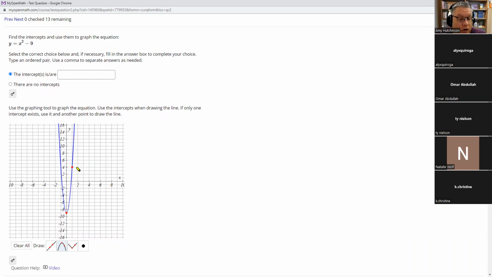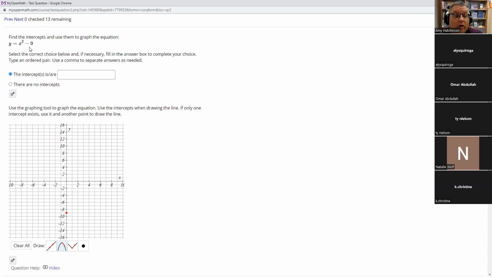Notice that when you move the cursor, it moves up and down to some different coordinates. If you were to put a 0 in for that one and set it equal, so you'd have 0 equals x squared minus 9, what you would get is 3 and -3, because if I put a 3 in here, I get a 0, and if I put -3 in here, I would get 0 as well.